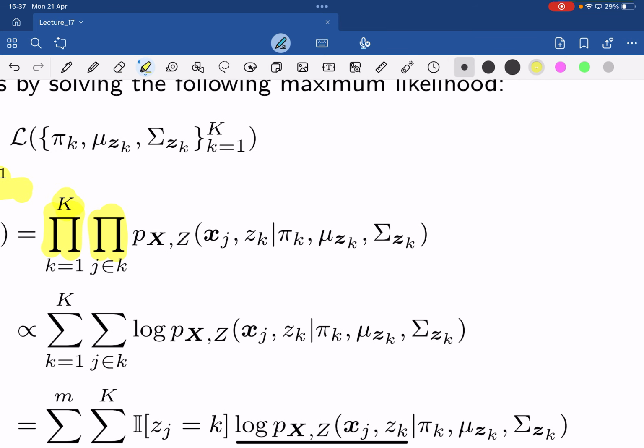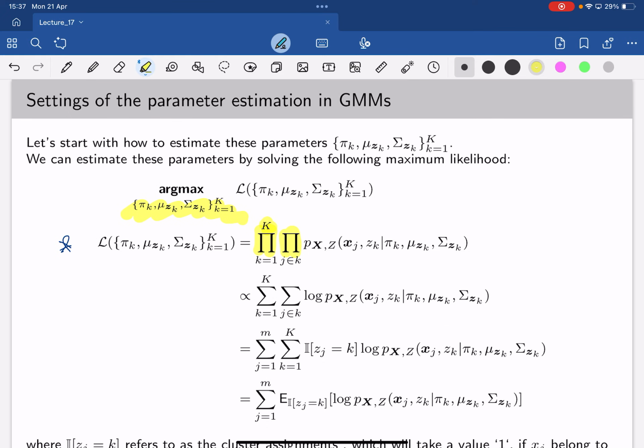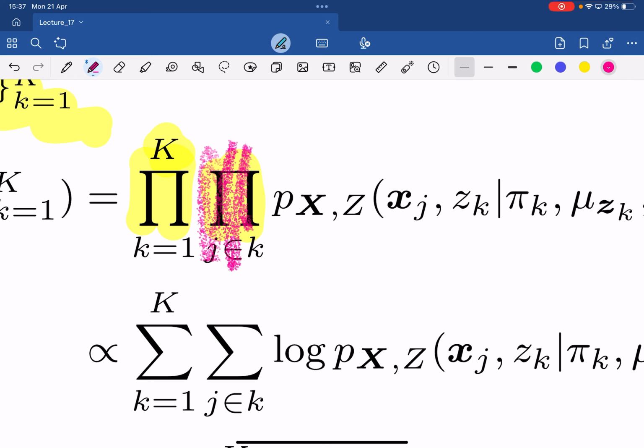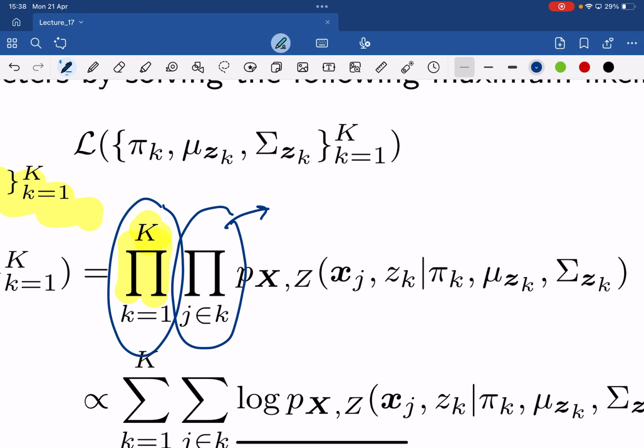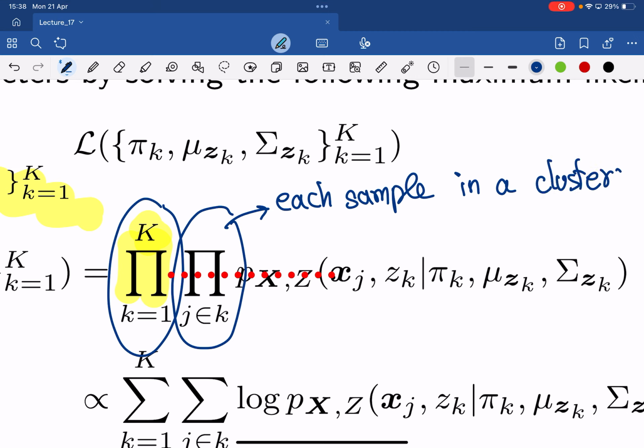The reason is that when we solve for parameters in a case such as this, we need to first consider the joint probability of everything in our scenario, including all the clusters, and for each sample in a cluster, for all clusters.